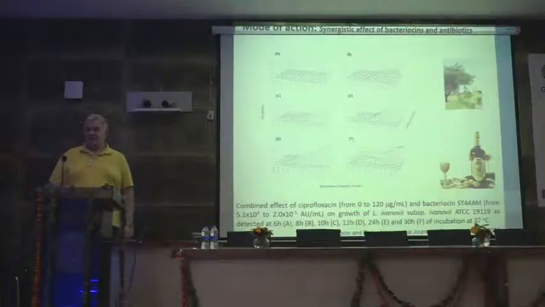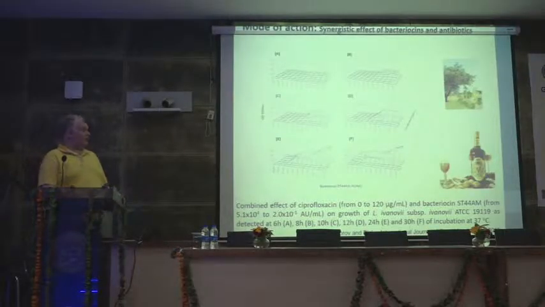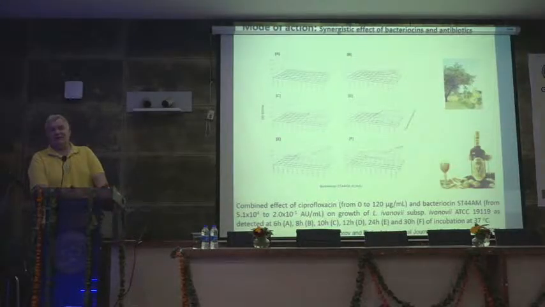And then remember these slides. I showed it yesterday, but this is important because you can actually combine bacteriocin with antibiotics. If you do the same treatment in animals, or even in humans, you can always think about combined products.